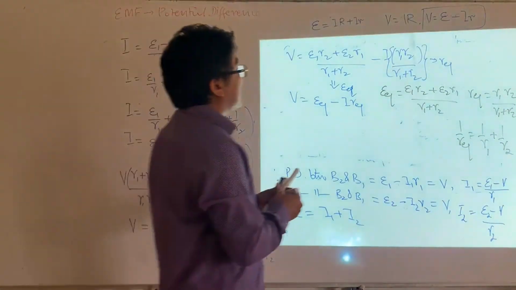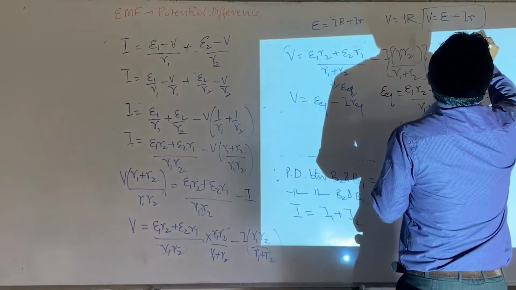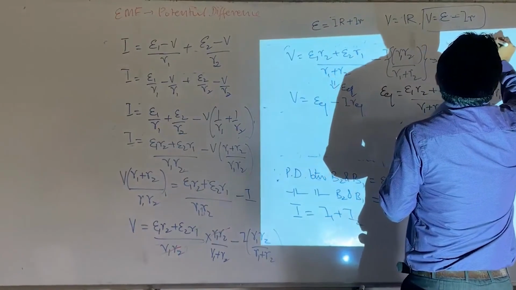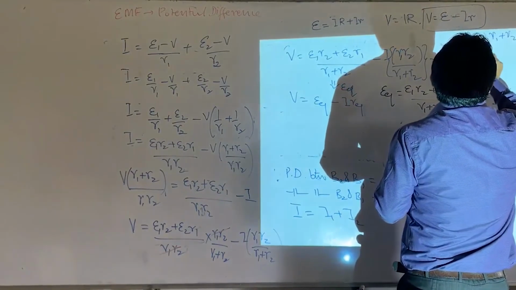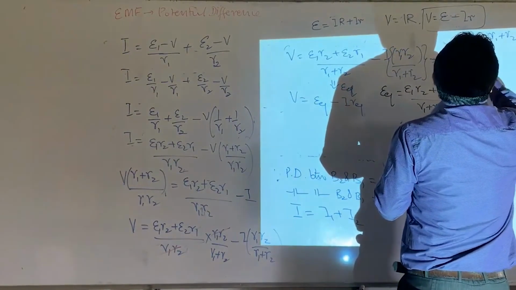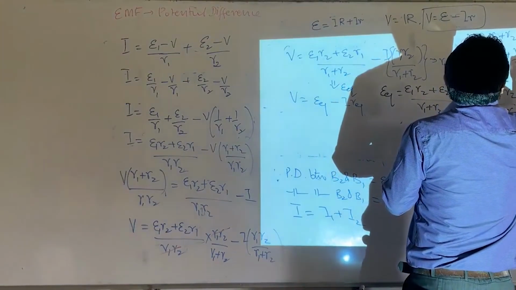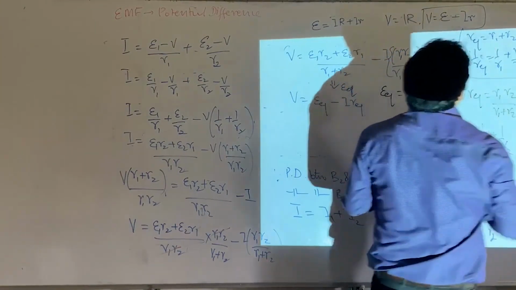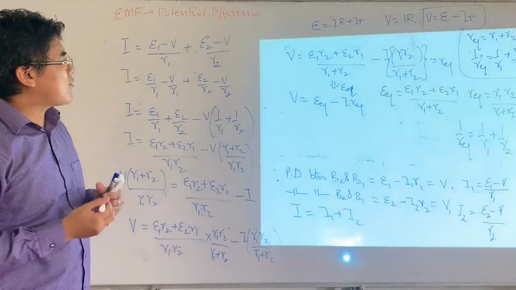This is not in the syllabus; this year it has been removed. Resistors in series combination, it is R1 plus R2. Resistors in parallel combination, 1 by R equivalent is equal to 1 by R1 plus 1 by R2. This is done in class 10 also.